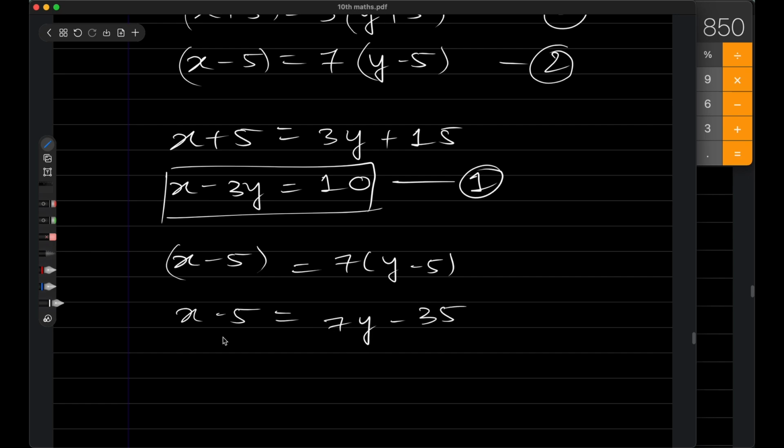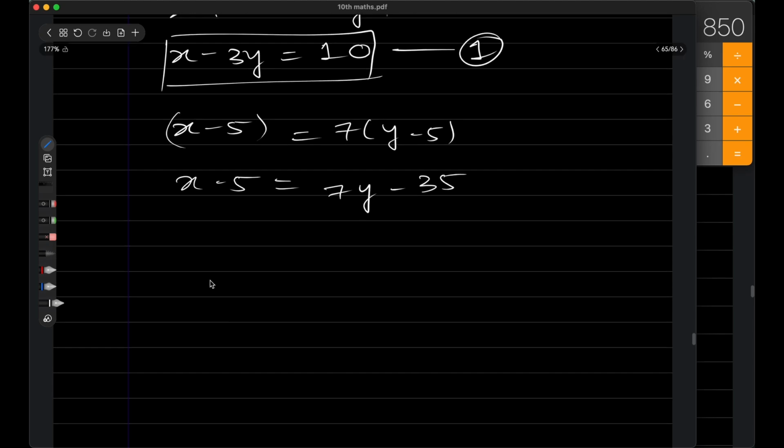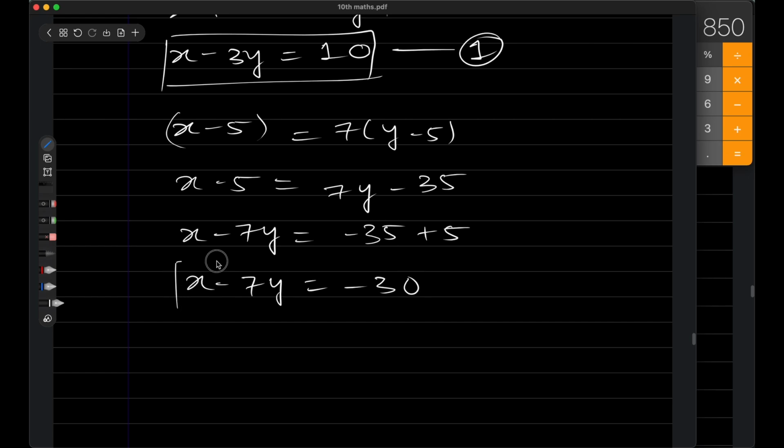Take the variables on one side and constants on the other side. We will get X minus 7Y equals minus 35 plus 5, X minus 7Y equals minus 30. This is the simplified second equation.